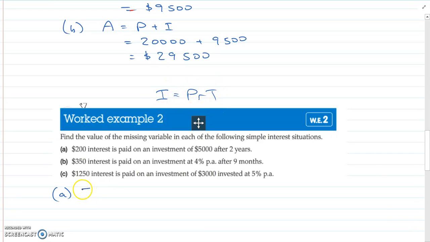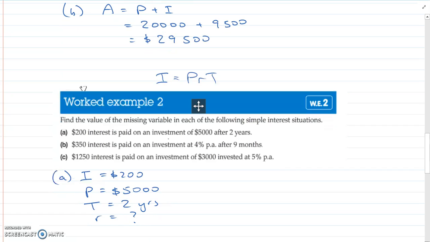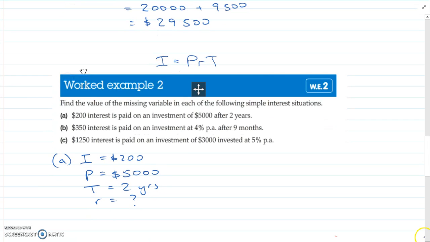So in the first question, we know interest paid, that's I, which is $200. P, our investment, is $5,000. We know 2 years, so that's T. The one we don't know is the R. So we can rearrange our formula to find it.